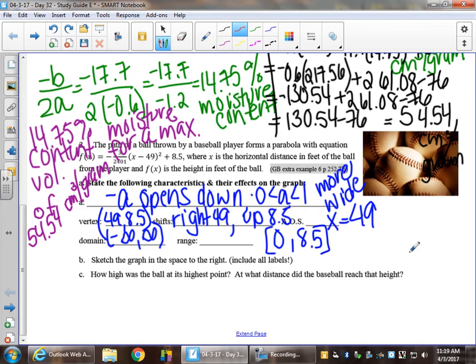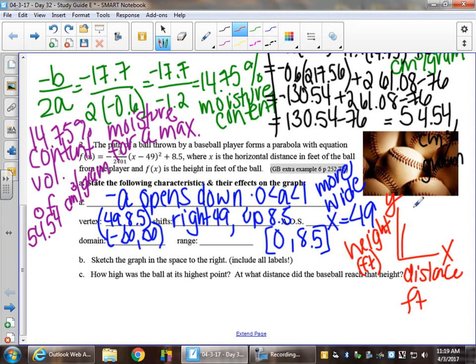How am I going to sketch the graph? How am I going to label my y? Height. And what is my x-axis? Distance. Horizontal distance in feet. So we're going to draw our parabola.